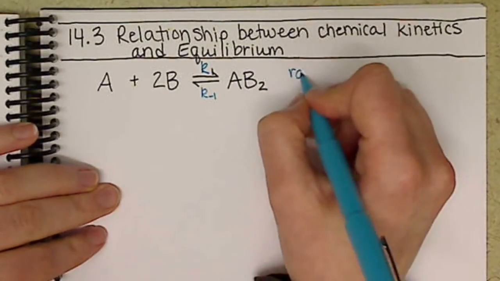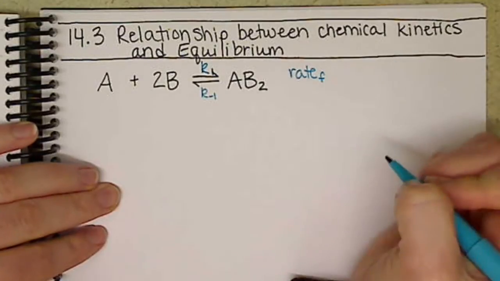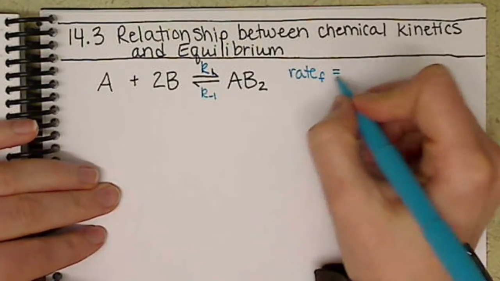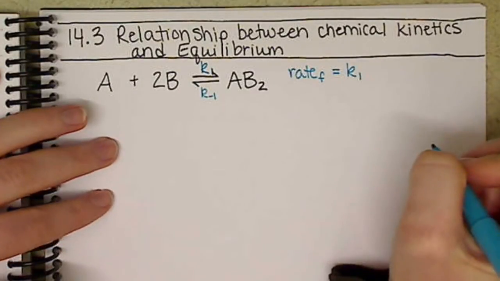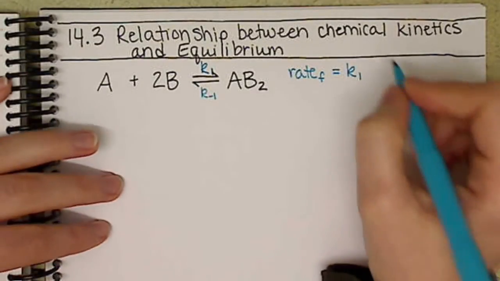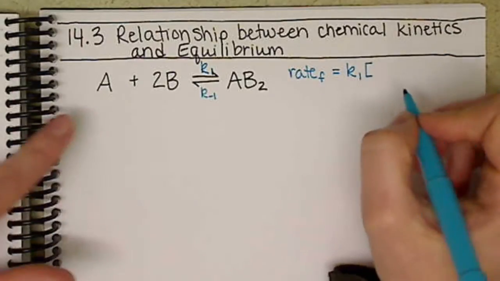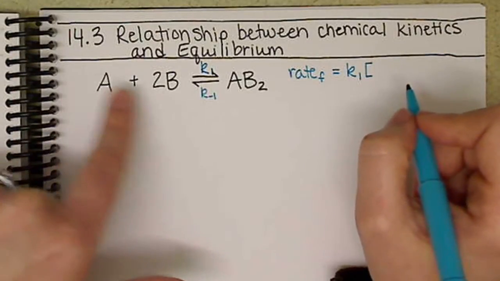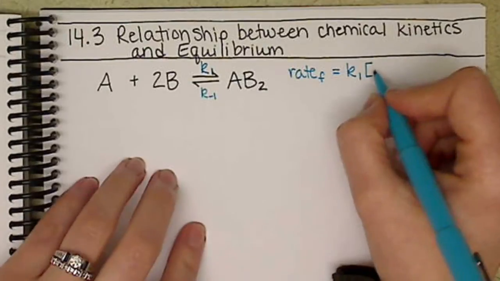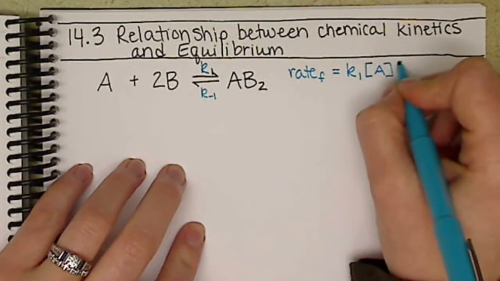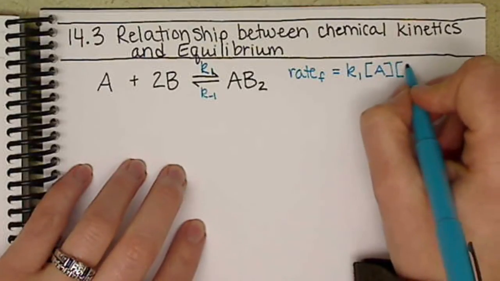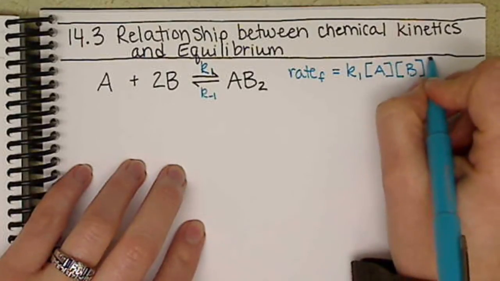So we have the rate of the forward reaction, lowercase f there for forward, would be K1, our rate constant for the forward reaction, times, we're going to use our two reactants and use the coefficients as our exponents. So we have times the concentration of A times the concentration of B squared.